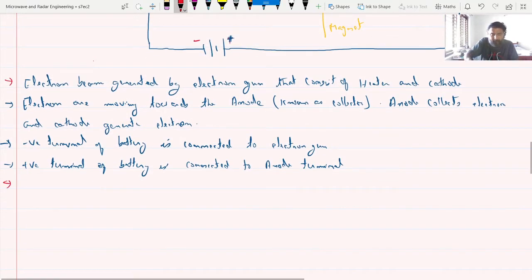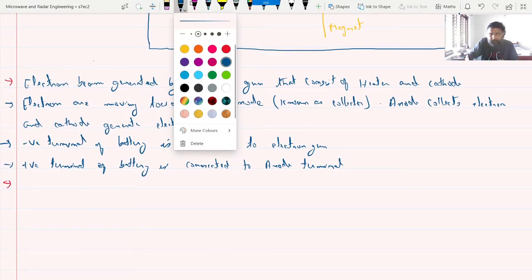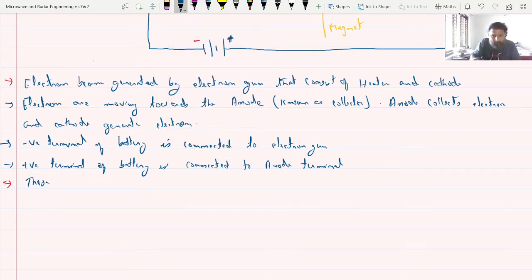The next point, that is what I had drawn. Those electrons generated at the electron gun are focused by the focusing plate.